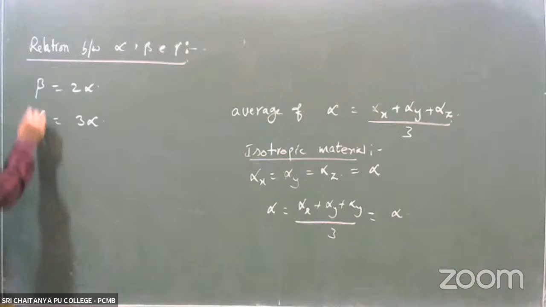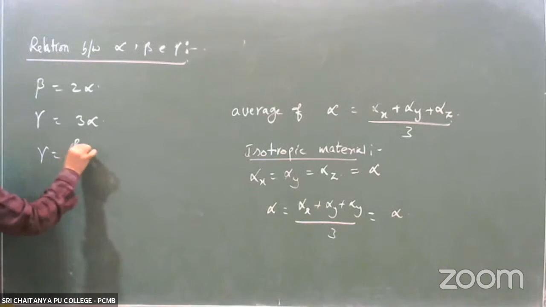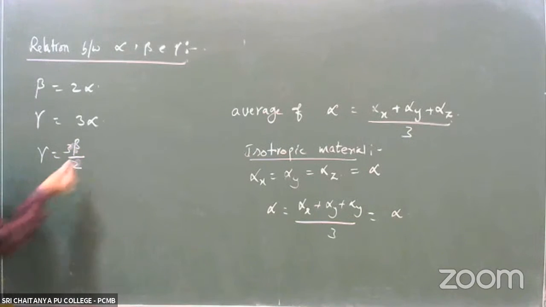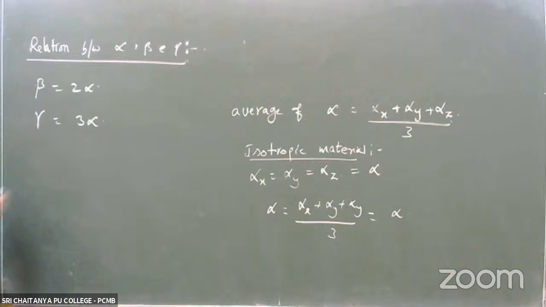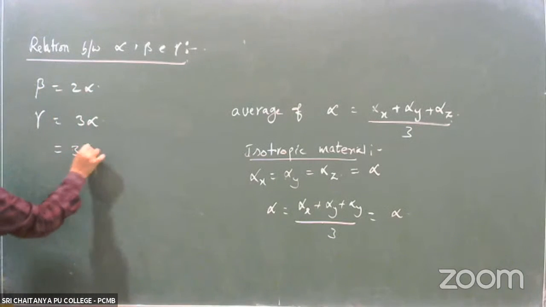And what is the relation between beta and gamma? Gamma is equal to beta by 2. Sorry, 3 beta by 2. Am I correct? From these two you can derive: gamma is equal to 3 alpha, alpha is equal to beta by 2.